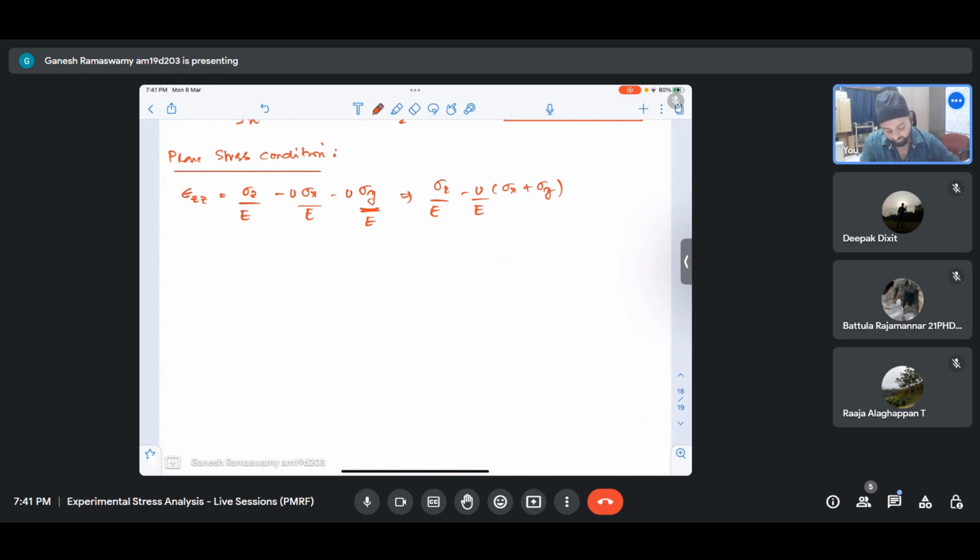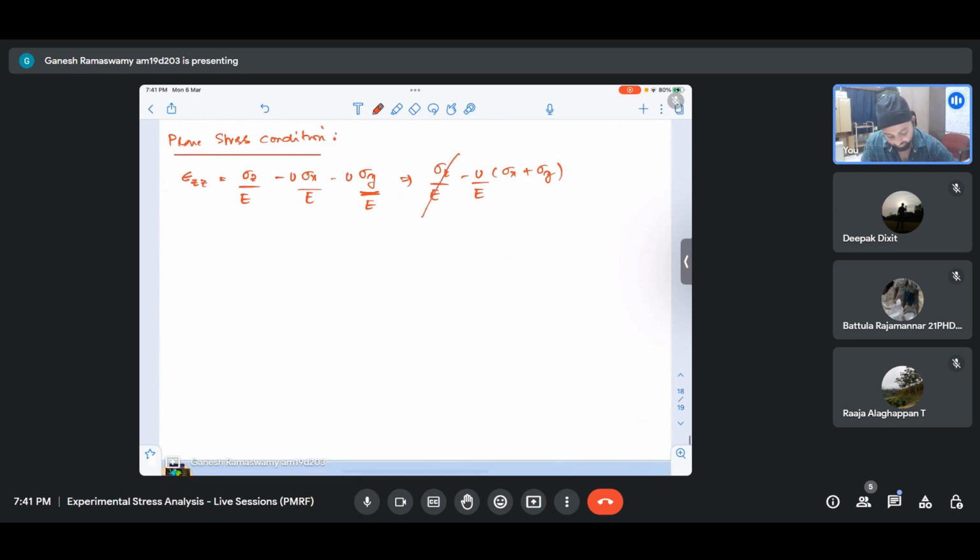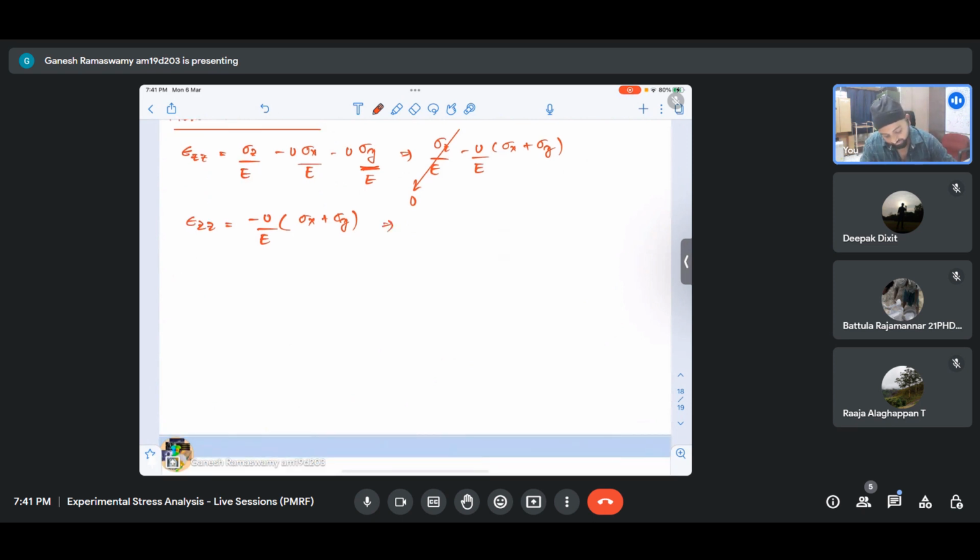Now for this planar problem, sigma z is 0. So epsilon zz is nothing but mu by E into (sigma x plus sigma y) at that point, which implies sigma x plus sigma y is epsilon zz into E by mu.